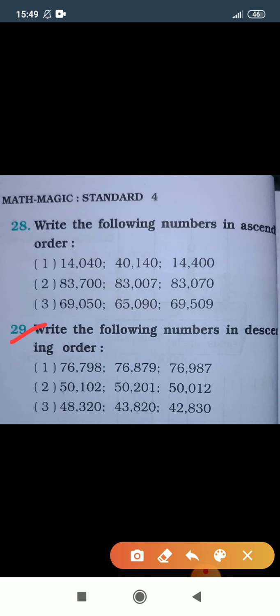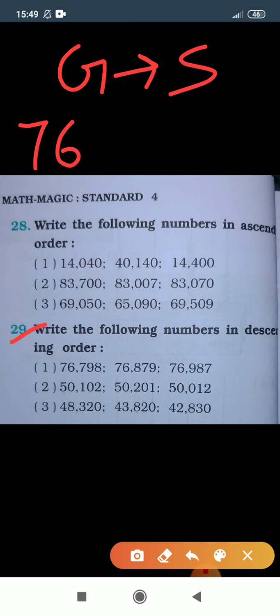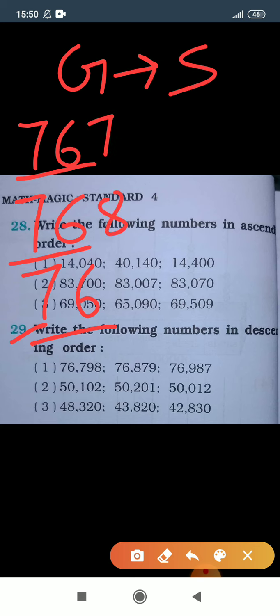In question number 29, write the following numbers in descending order. Again in this question we need to go from greater to smaller. So first we'll write 76, again 76 and again 76. These three different numbers start with 76, so we need to consider the third digit for this answer. So 7, 8 and 9.